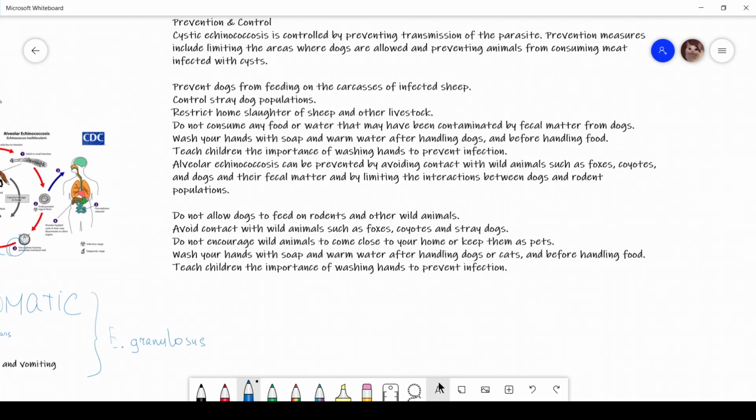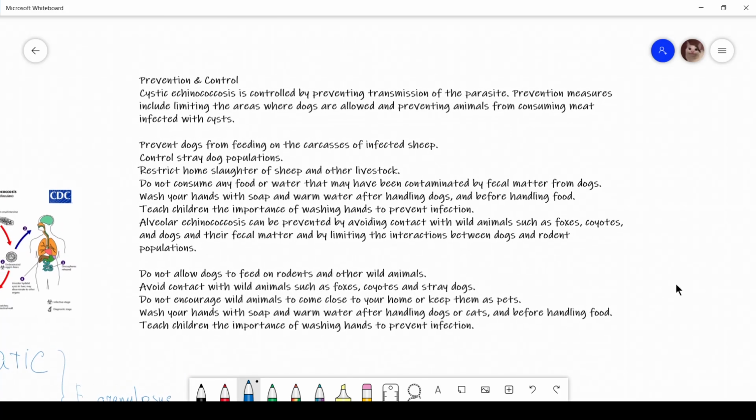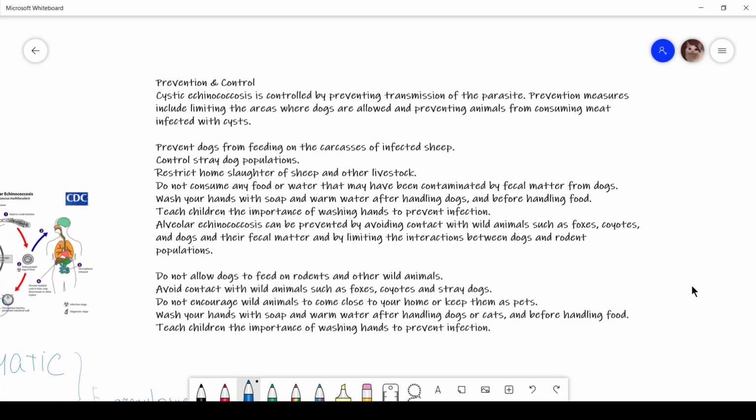Okay, you can stop the video and read that, but what is the main thing you must do to prevent this disease? First, avoid touching dogs, or if you have a dog, after handling the dog, you must always wash your hands.